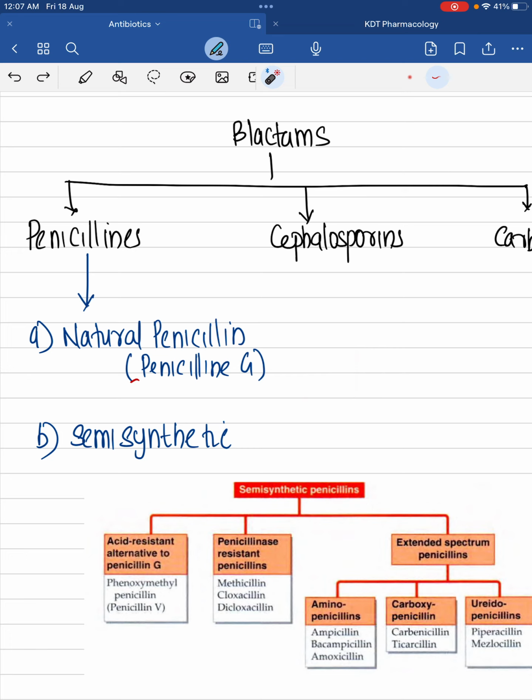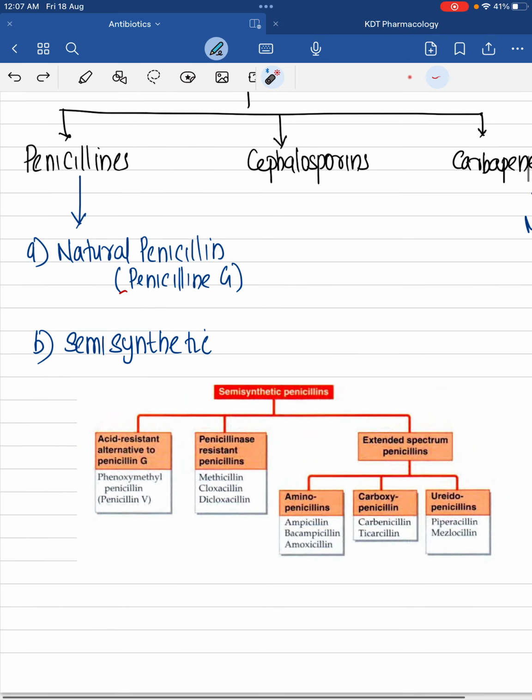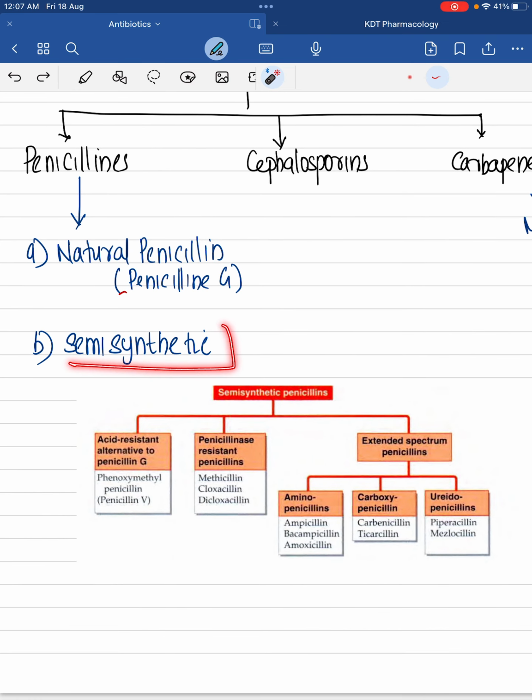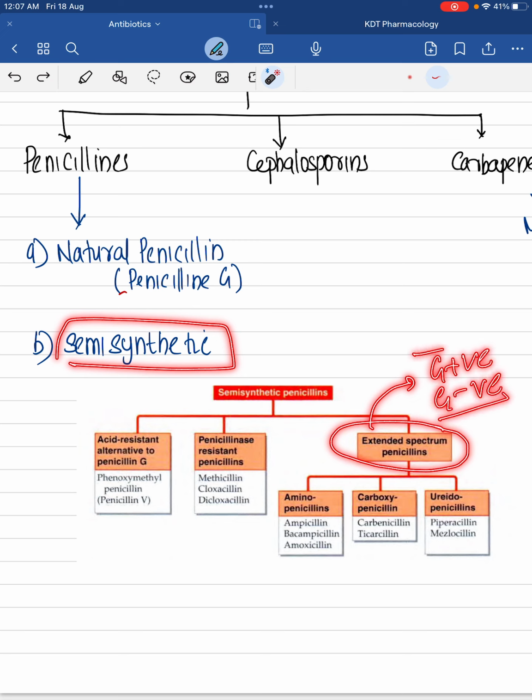So they were mainly toward gram positive, but among the semi-synthetic penicillins there is one group called extended spectrum penicillins, which have both gram positive and gram negative coverage.